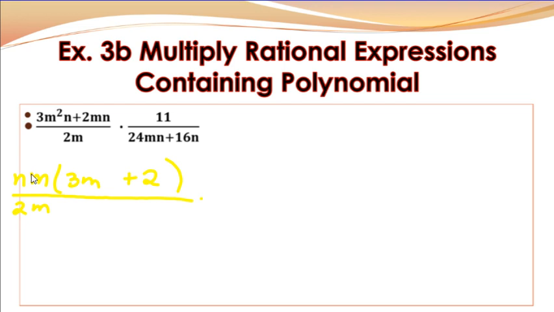Over here, I can take out an 8n. That leaves me with 3m plus 2. And then the numerator, I just have 11. So now this m and this m divide out.